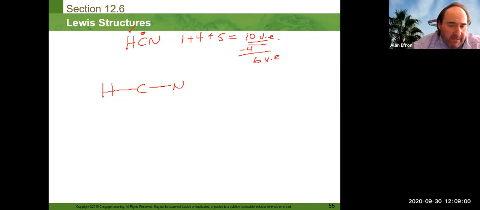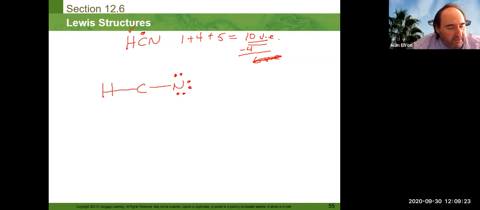That means I then want to go to my nitrogen and put my dots. So I got 2, 4, and 6 electrons. That takes care of those 6. I have now put on a grand total in this picture of 2, 4, 6, 8, 10 electrons. I am out of electrons at this point.